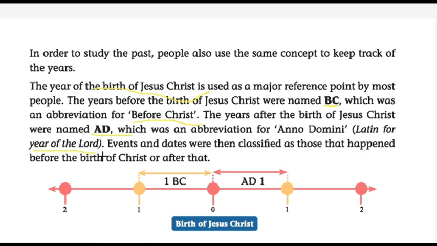Events and dates were then classified as those that happened before the birth of Christ or after that. So the birth of Jesus Christ is a main event for them, a point to take a timeline. After his birth is mentioned as AD, before Christ is mentioned as BC.